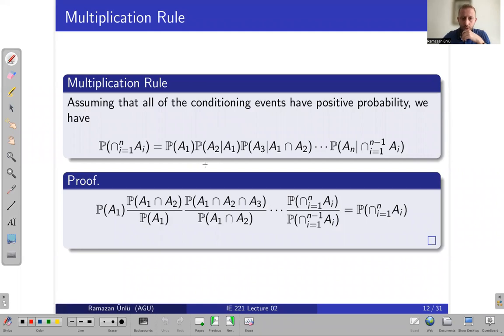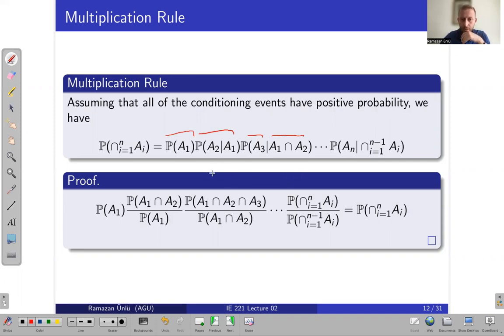To prove this, let's start from here. We have the probability of A1 times the probability of A2 given A1, times the probability of A3 given A1 and A2, and so on until the last event, the probability of An given the intersection of the n minus 1 events.